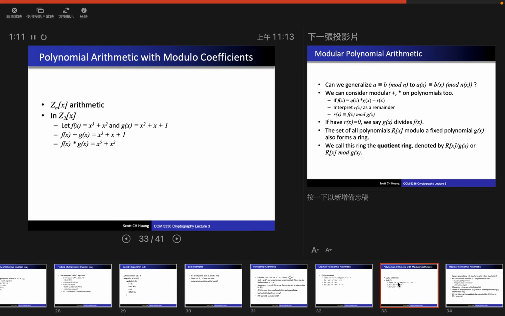For example, let me do this calculation. So x cubed plus x squared, this is f(x), okay? I generally like to add two zeros there, because this is the linear term and this is the constant term.